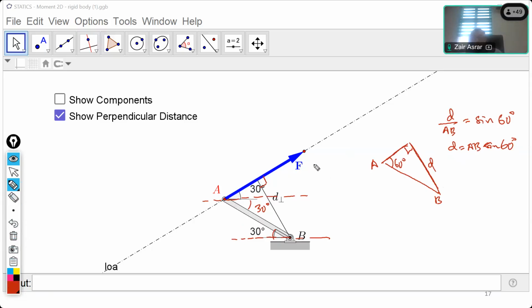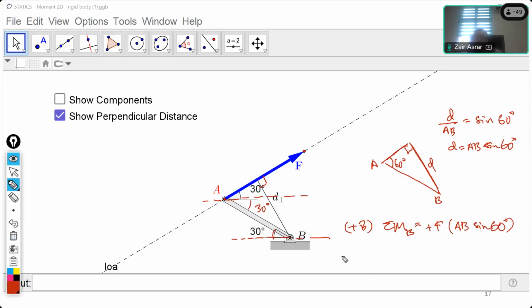Just to illustrate the point, in this case the moment at B, positive clockwise, will be equal to the magnitude of force, let's say F, times the perpendicular distance here, which is AB sine 60 degrees. With this force arrangement at B, the rotation will be clockwise, so the moment is positive.